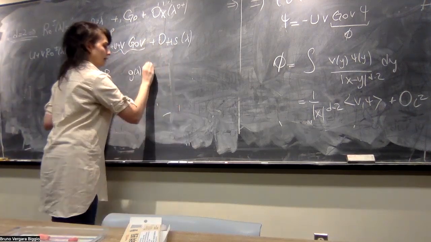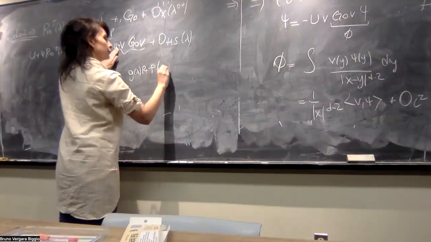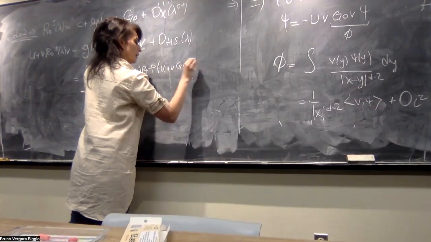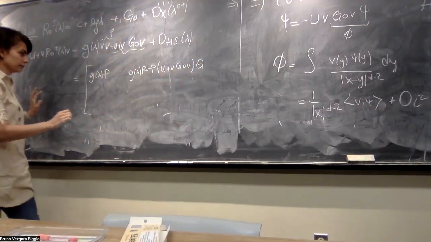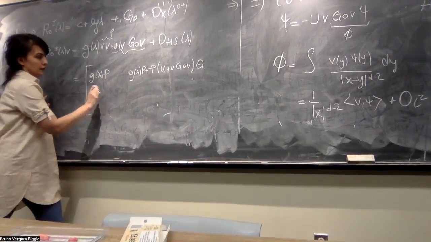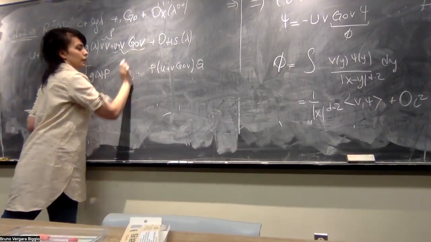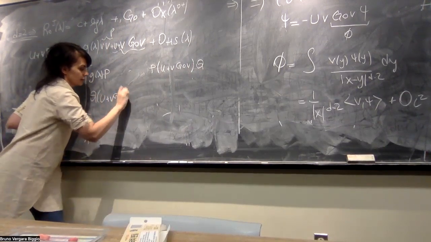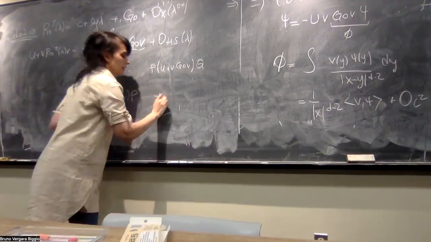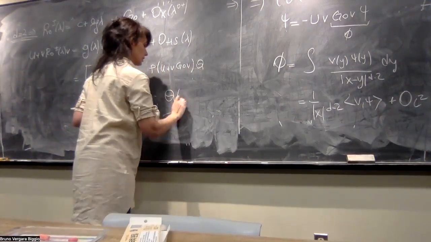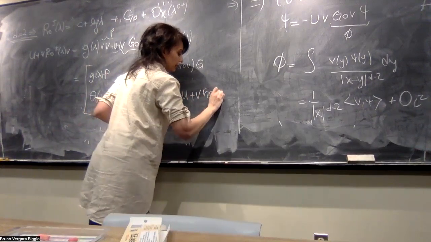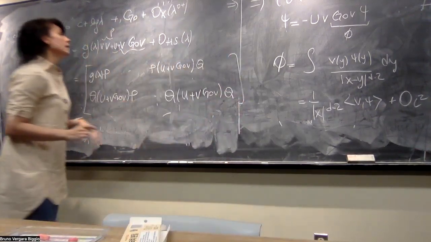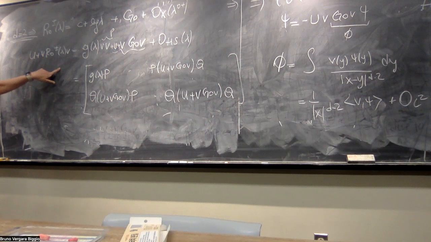So I will have P U plus VG0 V Q, and then I will have Q U plus VG0 V, and then I think I made a mistake over here, I'm going to fix that in a bit. V0 V. So I'm going with PQ. It's going to go, right? Yes, this is what I'm going to have.